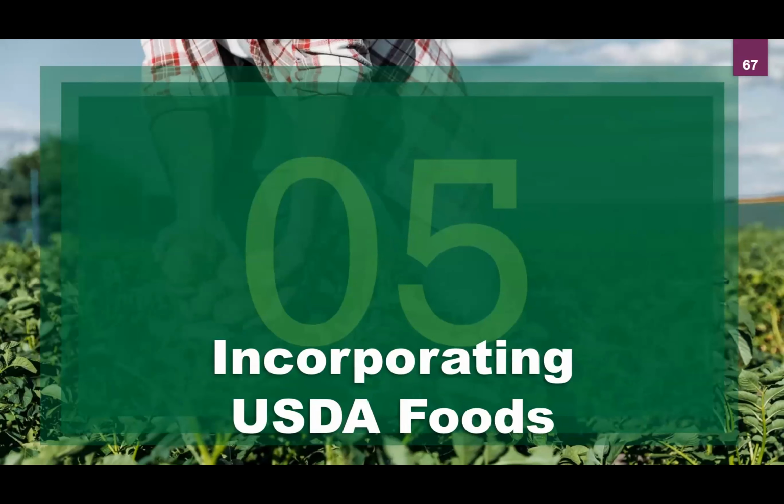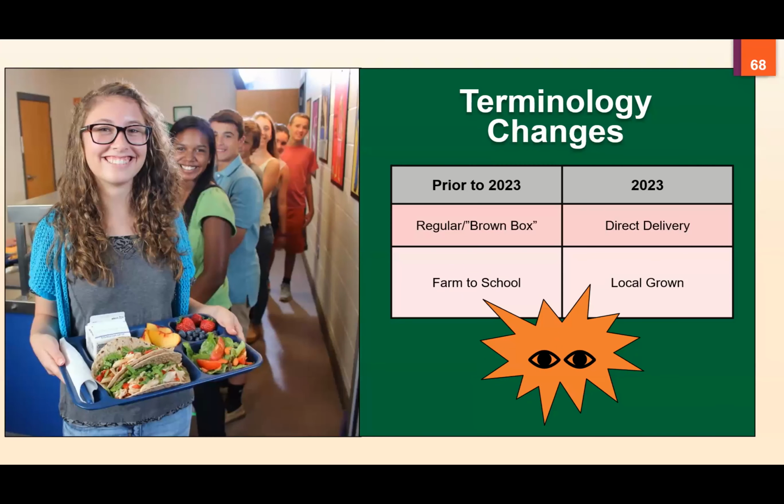Okay, now let's talk about incorporating the USDA foods into our menus. So you'll learn this more when we get into WebSCM training. But this is new terminology, so you will no longer hear the word brown box.